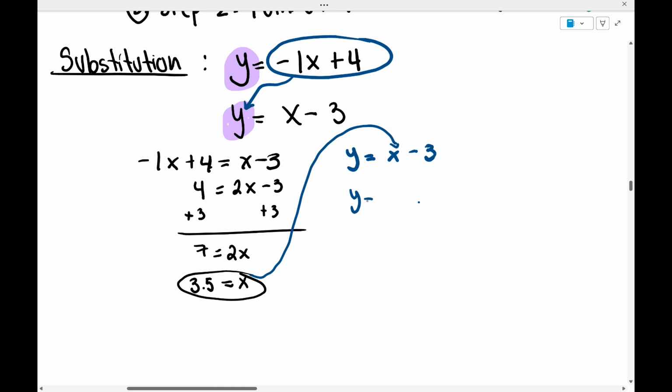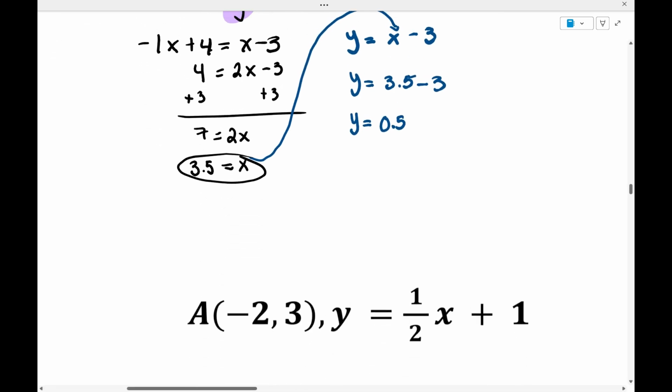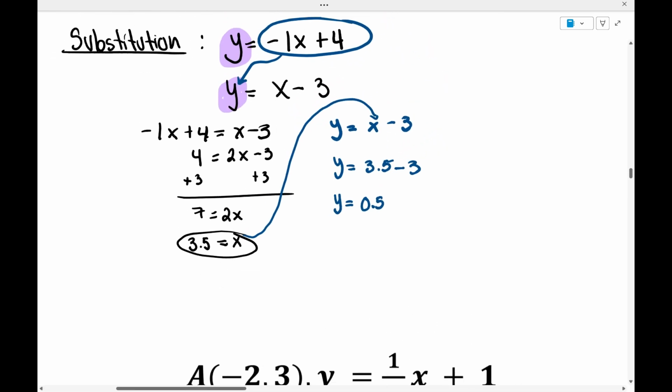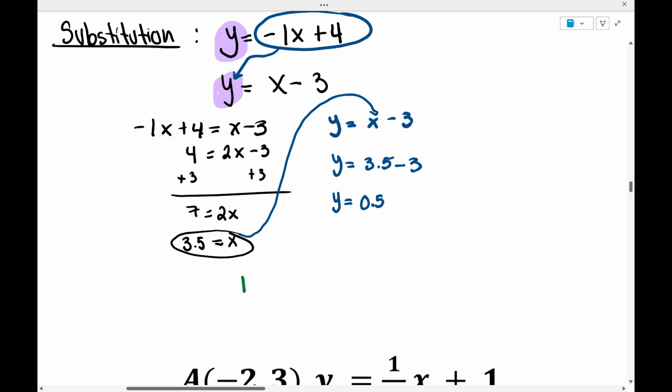So we're going to just replace the value for x, and it can be in either equation. I just chose the second equation. So that means that the point where the perpendicular segment and line L intersect would be at 3.5, comma 0.5.